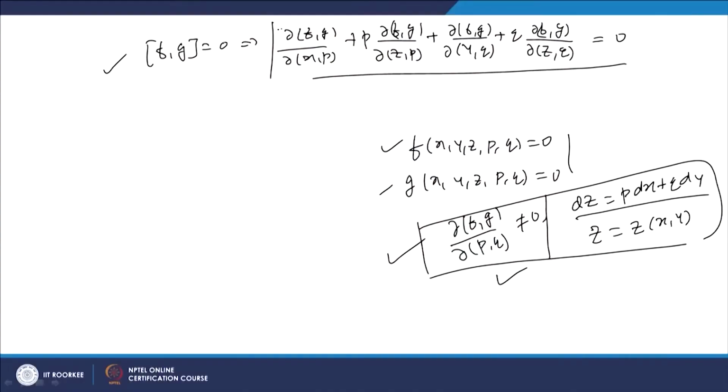So I am assuming that we are using the condition that the bracket [f, g] is equal to 0 to say that they have at least one solution in common, and the procedure that dz = p dx + q dy is integrable to find that common solution. Is it okay? Now let us proceed further and see what we can further achieve.